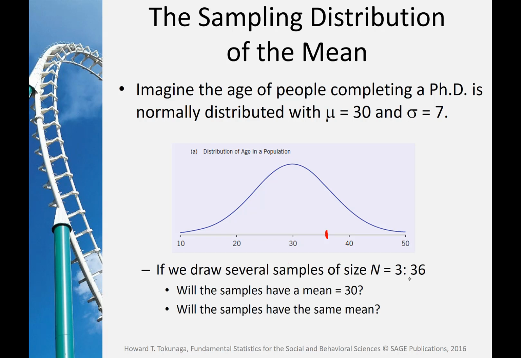So then that begs the question, how likely is it that I would get 36 years of age from my sample of 3 people when I know the answer should have been 30? If only we had a way to figure out probability under a curve and comparing a number we got versus the one we expected.